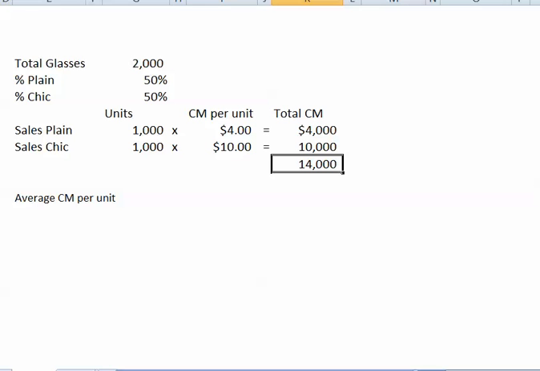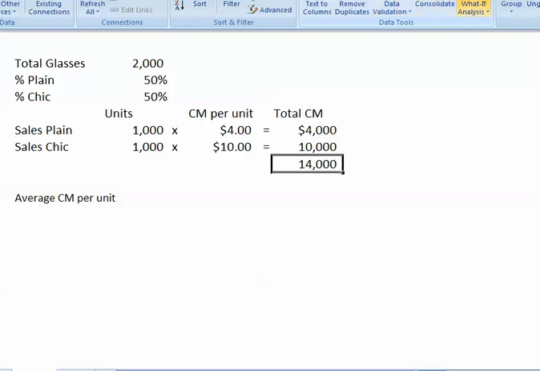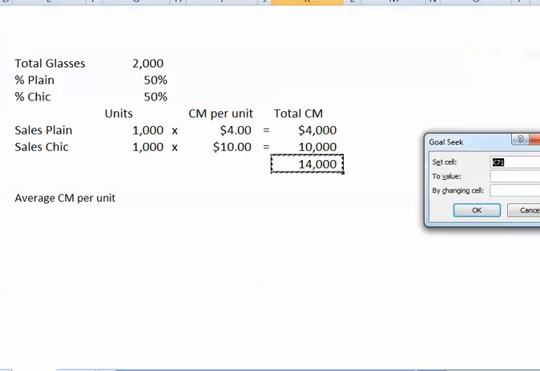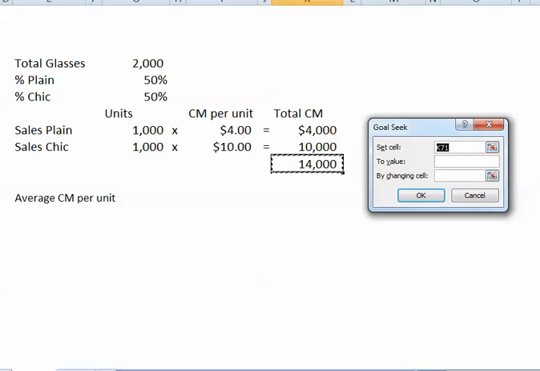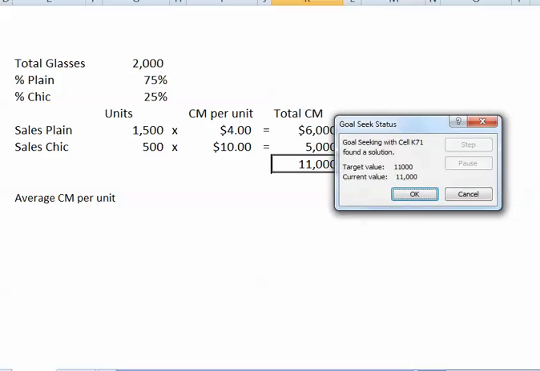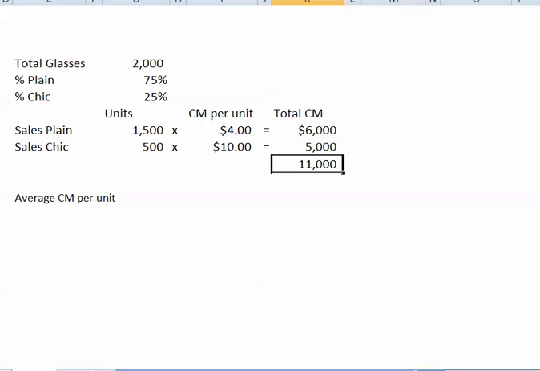So we can use Goal Seek. Data, What-If, Goal Seek. We want to set what cell? This cell K71 to 11,000, because that's what we were told our static budget contribution margin was, and we're doing it by changing our percentage for the plain glasses, and we end up with 75%.